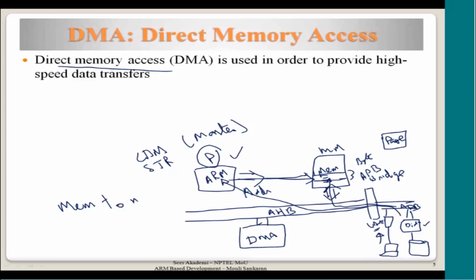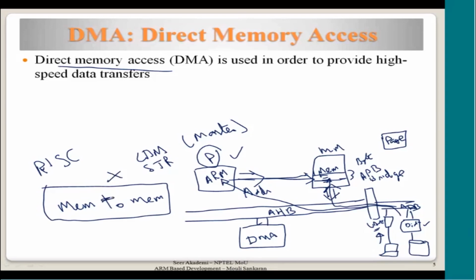If you have noticed, no instruction in the ARM supports this. That is not the kind of RISC instruction. RISC instructions always have processor register to memory or memory to processor register, but there is no memory to memory transfer. That instruction is not supported in any RISC family of processors.